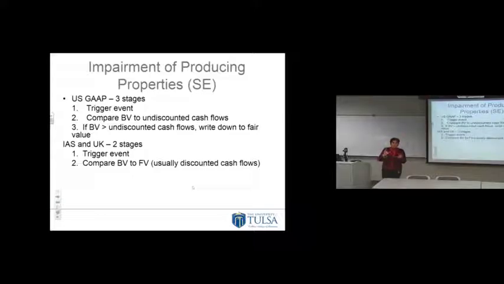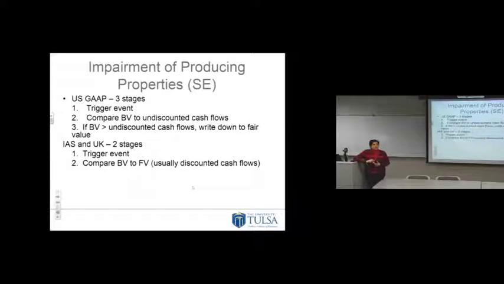If you want to look up the specific rules, you can look in the portfolio and you'll see the references to those rules. But when we get to proved properties, they're now cash-generating units. So we can follow the general guidelines for all industries for impairments of cash-generating units. Now let me say that successful efforts companies follow this. After we look at this, we're going to look briefly at what we call the full cost ceiling test.